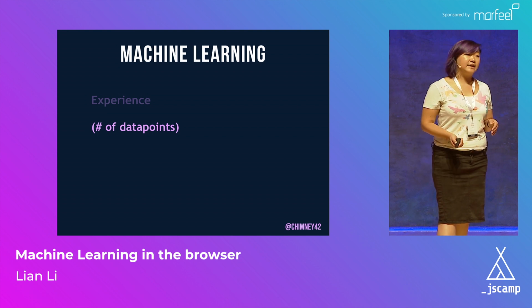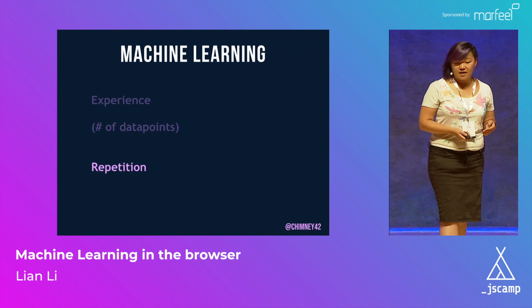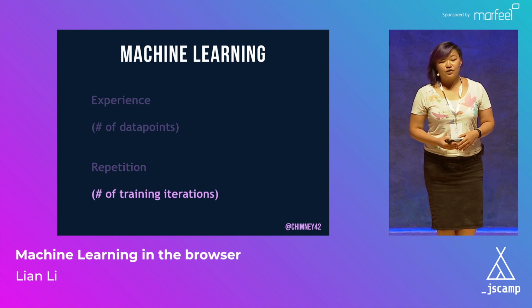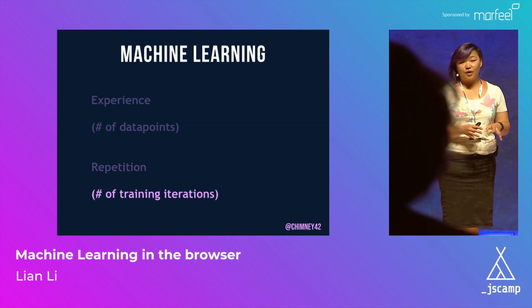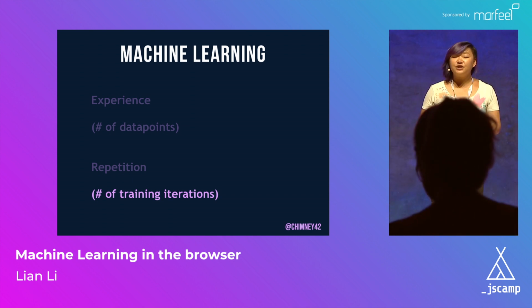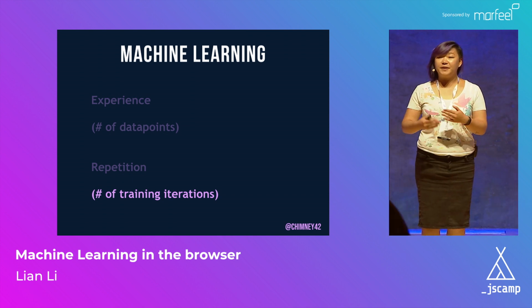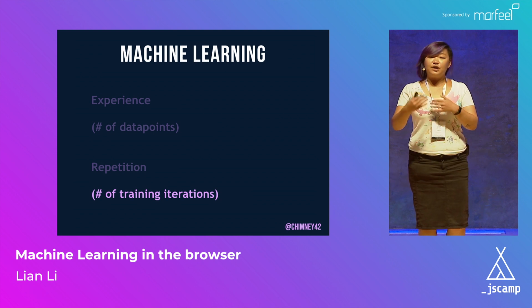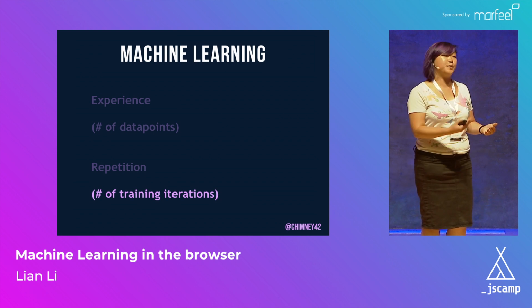And then the other thing we need is repetition, which would mean the number of training iterations. So over a hopefully broad set of data points, we iterate a lot, so we repeat learning on those data points a lot, and this is how we slowly get to learn this particular pattern.